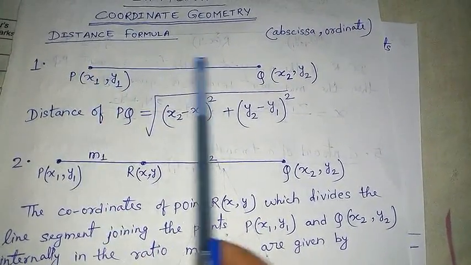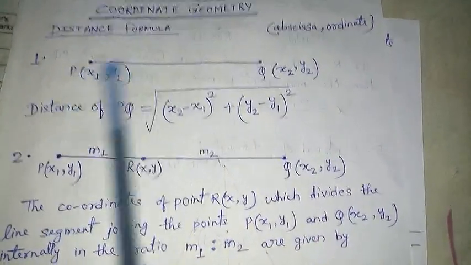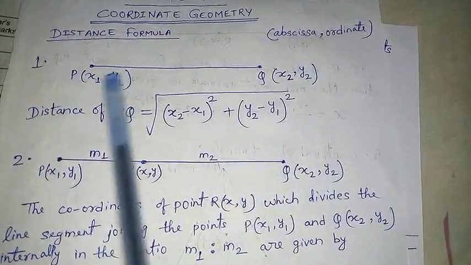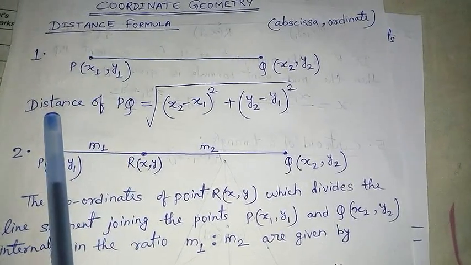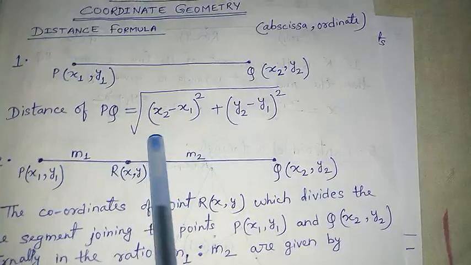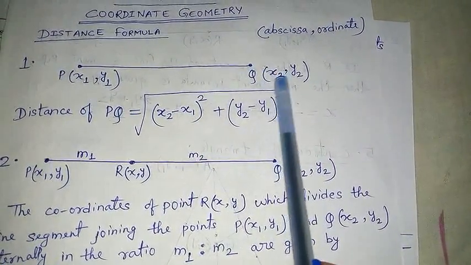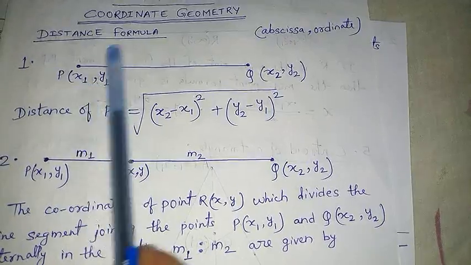Normally if you use a scale you can find the distance, but here, without using a scale, with the help of coordinates we can find the distance. The formula is: distance of PQ is the square root of x2 minus x1 whole square, that means this one minus this one.